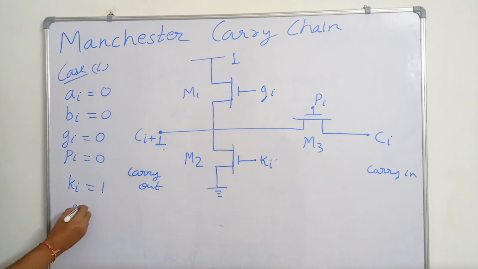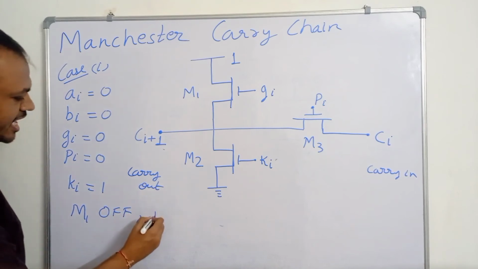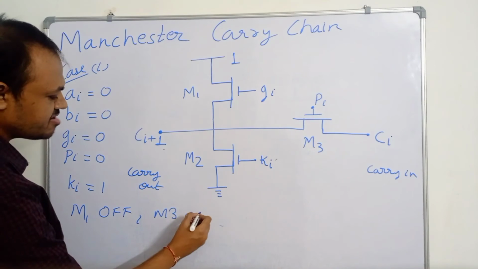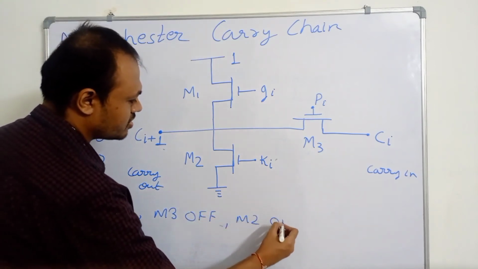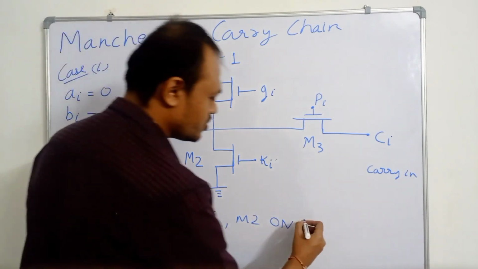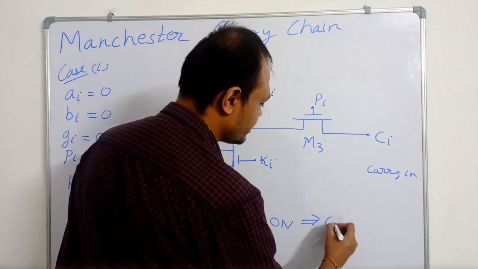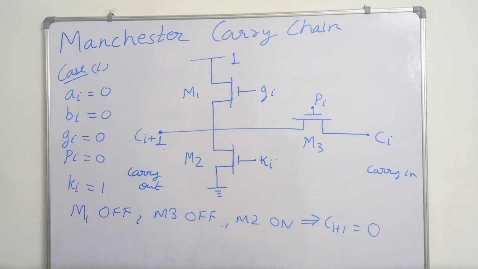So Ci plus 1 will be equal to 0. Obviously Ki equal to 1 means carry is killed. So carry out is killed, so Ci plus 1 equals 0. So we have verified the first case.